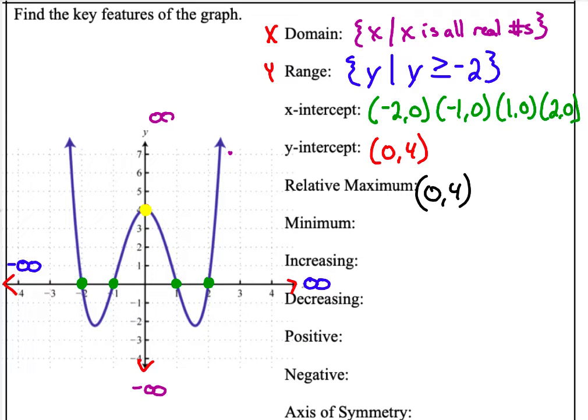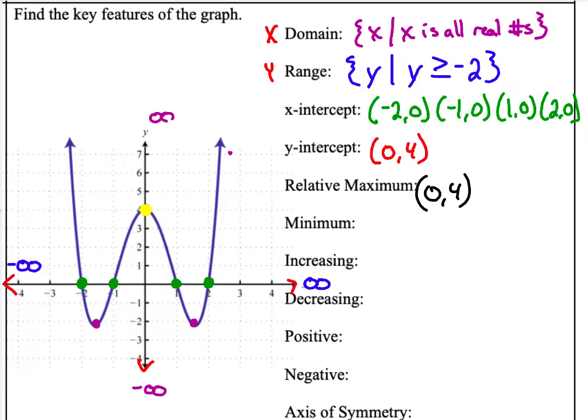Now I know on the edges it's going to keep going on forever, so that's why it's called the relative maximum. It's that high point within the graph, the top of the hill. The minimum is our low points, the lowest that this graph is going to hit. In this case, we've got 2 of them here. Just for simplicity's sake, the graph goes just a hair past -2 for y.